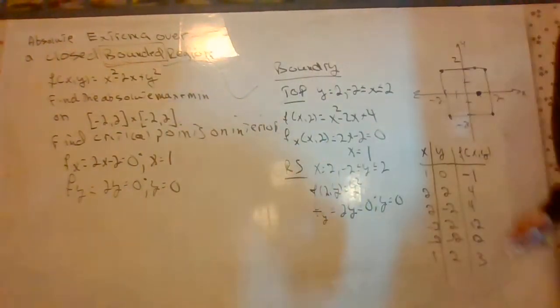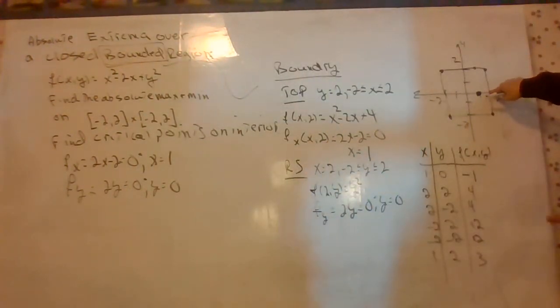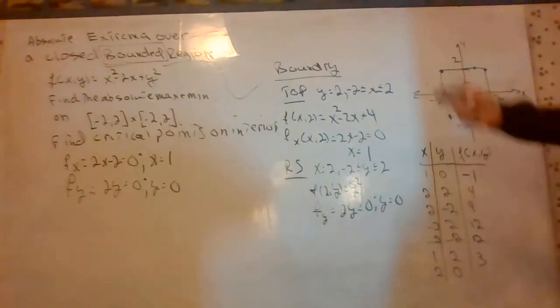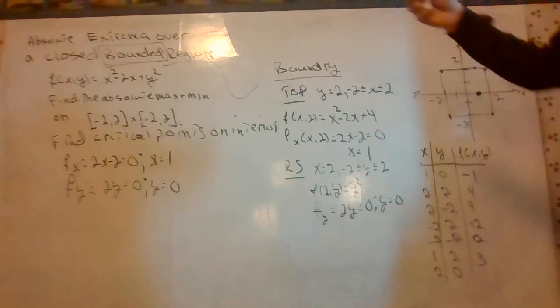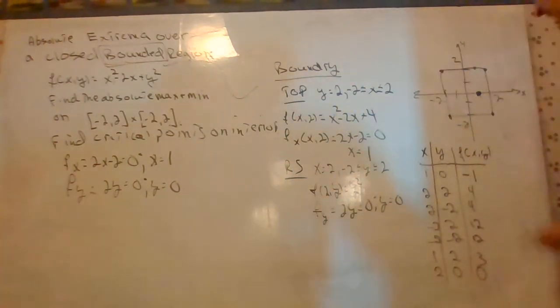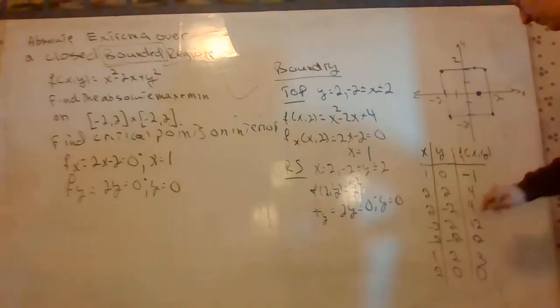So it looks like we have x equals 2, y equals 0. That's right here. That's a new point. If you plug in (2, 0), we end up getting 4 minus 4 is 0 plus 0 is 0. Not a min or a max. Doesn't beat that, doesn't beat that.